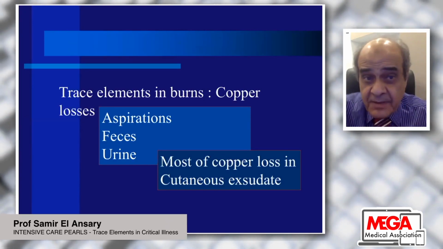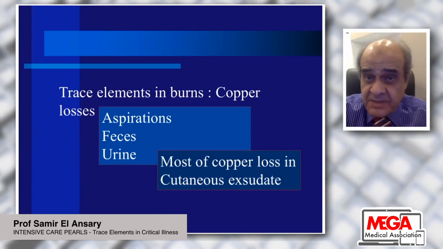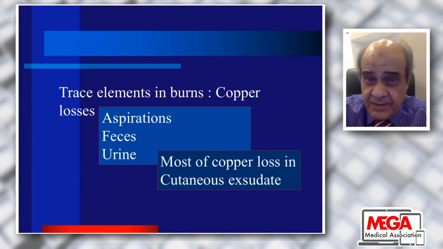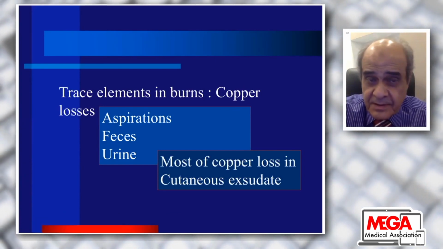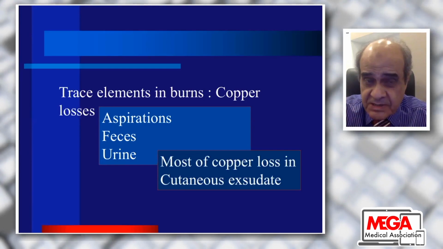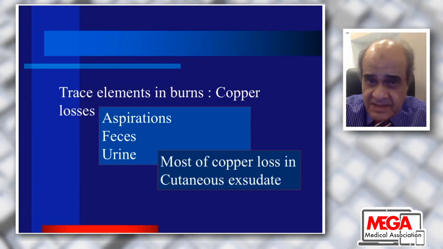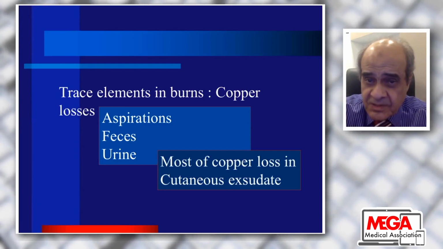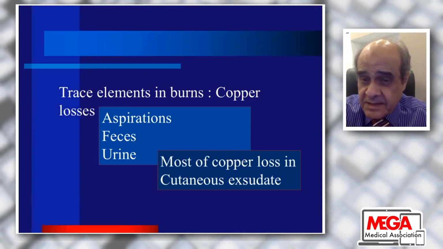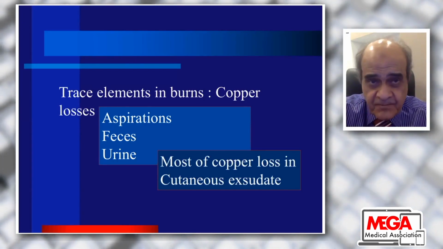For example, copper we find depleted rapidly in traumatized patients and in burn patients, because of aspirations, because through feces and urine, and most of the copper loss is cutaneous, as I said, in cutaneous exudate.